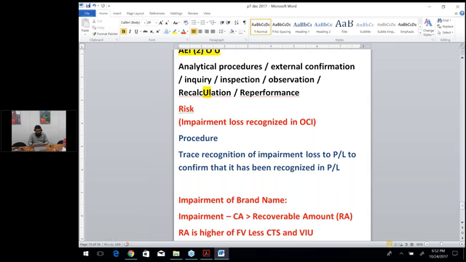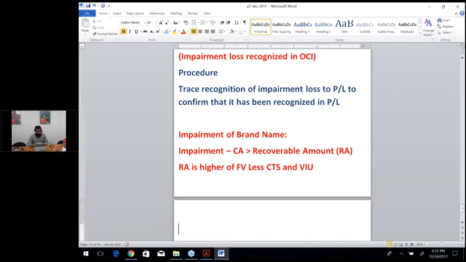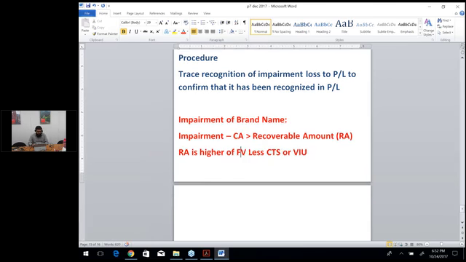Now, if I go further, impairment of brand name is when the carrying amount is greater than the recoverable amount, and recoverable amount is the higher of fair value less cost to sell or the value in use. Now, fair value less cost to sell is something that everybody understands: you calculate the fair value of the asset minus the selling cost.